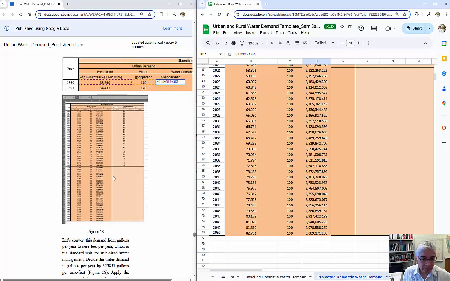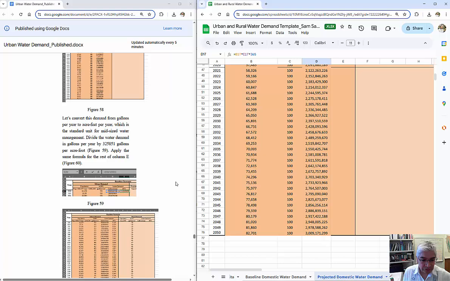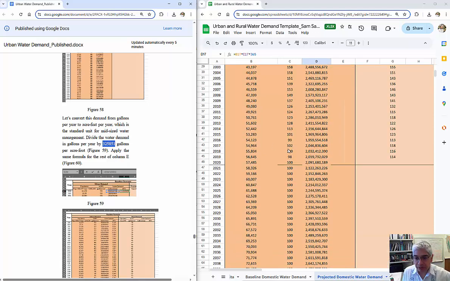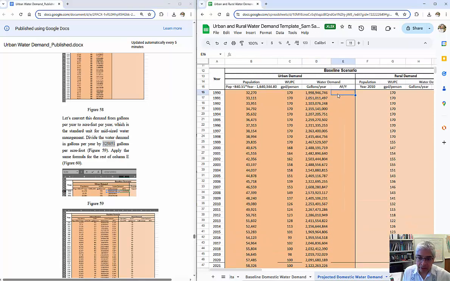And now what we're going to do is divide this over this number, which is the number of gallons per acre foot. So it will be this one divided by that value. The same. There you go.